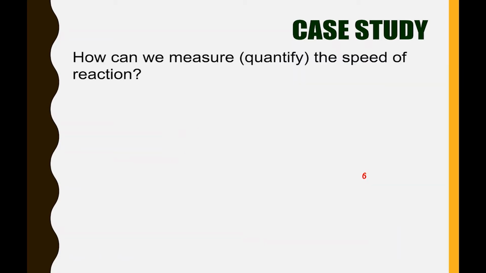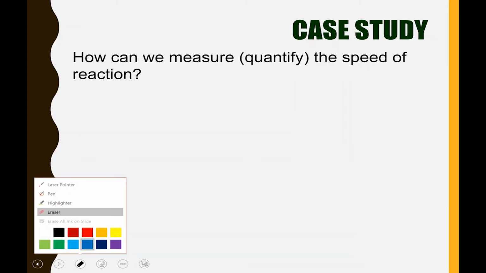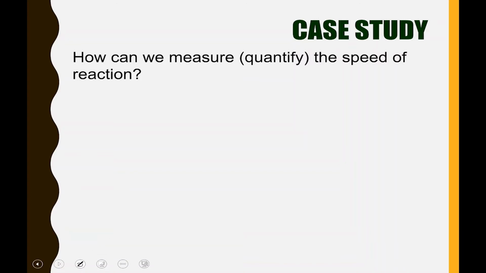That's why we ask, how can we measure the speed of reaction? How can I measure the amount of gas produced? Think about that. If you recall what you have been taught in Sec 3, there are a few ways you can measure and collect the gas produced.